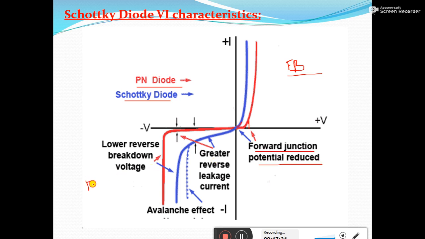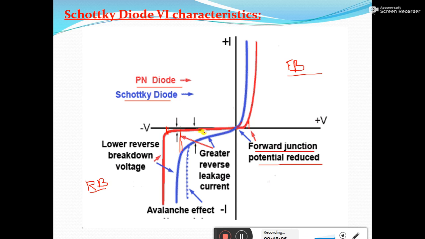Means to say the forward junction potential is reduced. In case of reverse bias characteristics, with the Schottky diode, I can achieve the breakdown at an earlier stage. For the normal PN junction diode, the breakdown is achieved somewhere here at this point, but for the Schottky diode, the breakdown is achieved at an earlier stage. Another difference is the reverse leakage current.